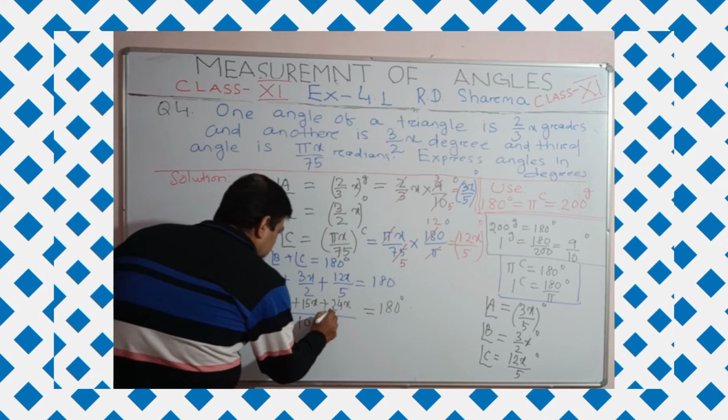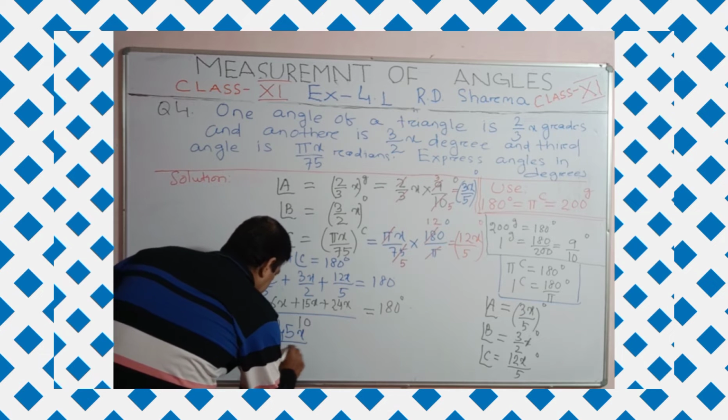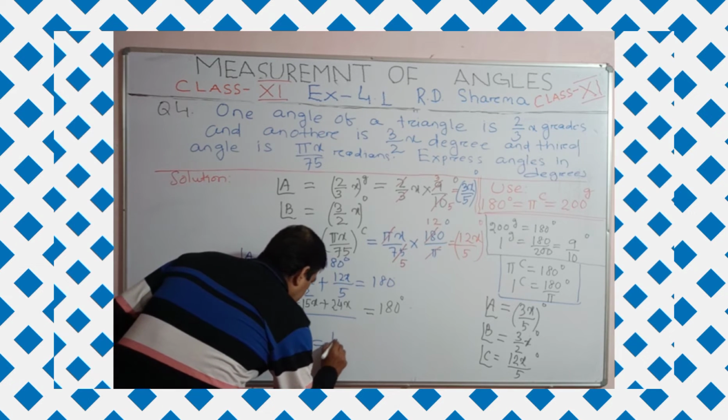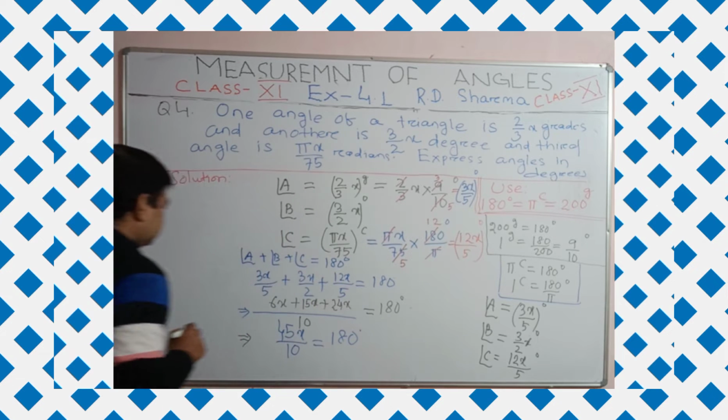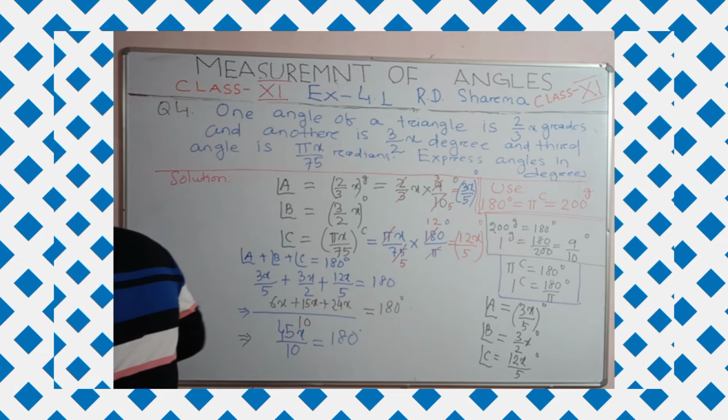Carry 1. 2 plus 1 is 3, 3 plus 1 is 4. 45x by 10 is equal to 180 degree. Yes or no? Then you find the value of x.